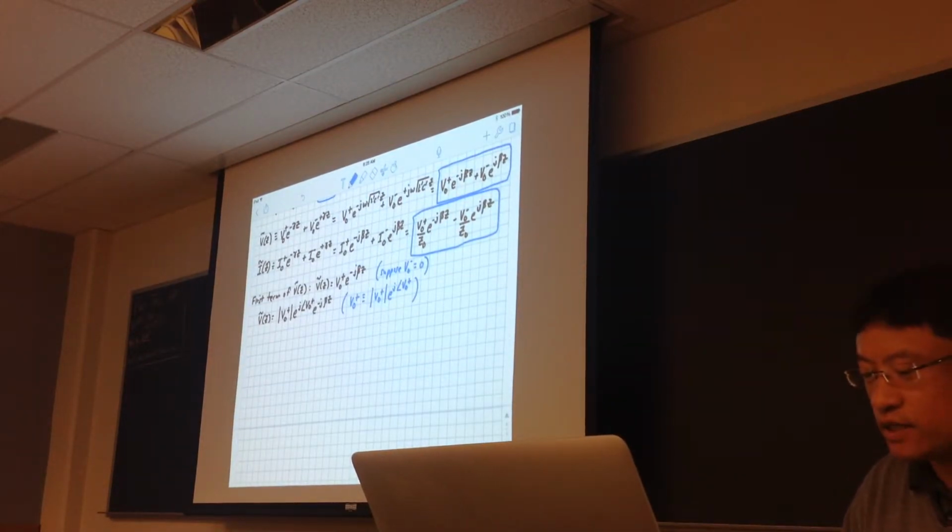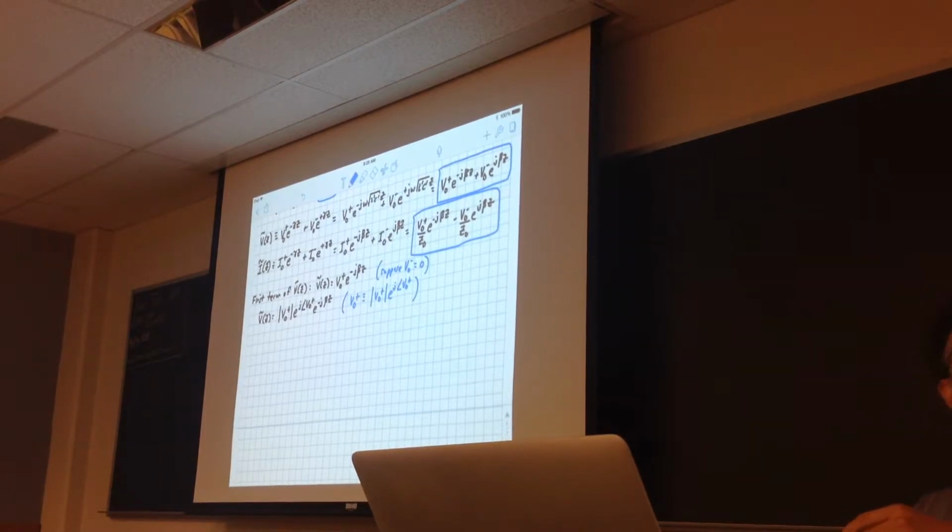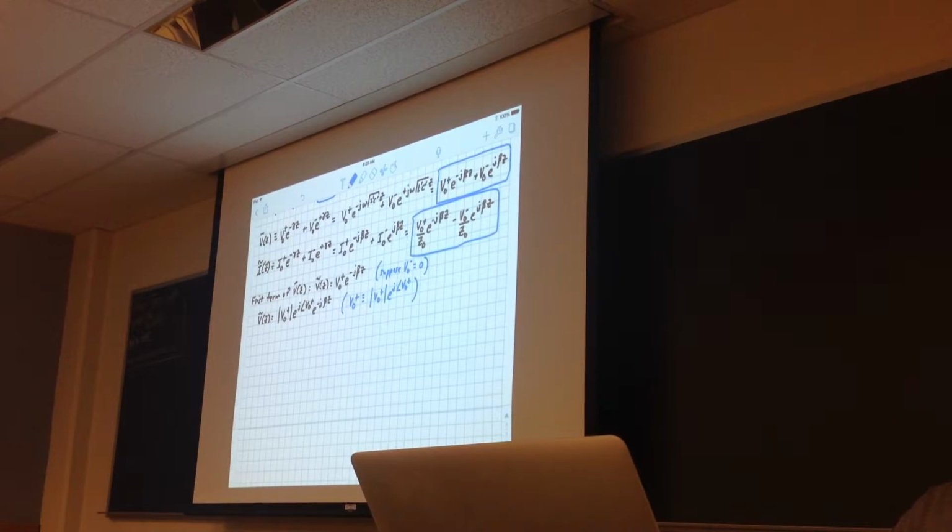Okay, now, as you know from your homework, if you have this phasor, then we can go back to the time domain by multiplying the phasor by e to the j omega t, and then taking the real part. So let's do that.